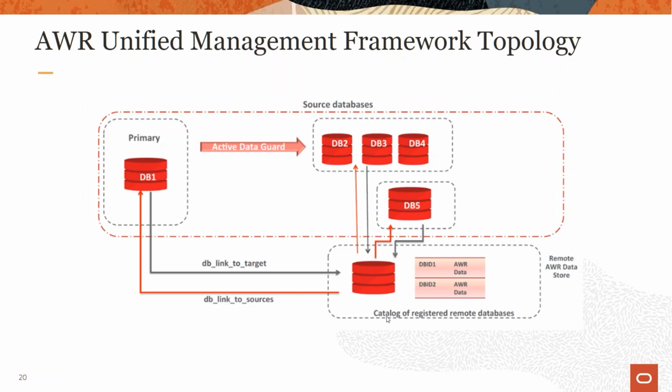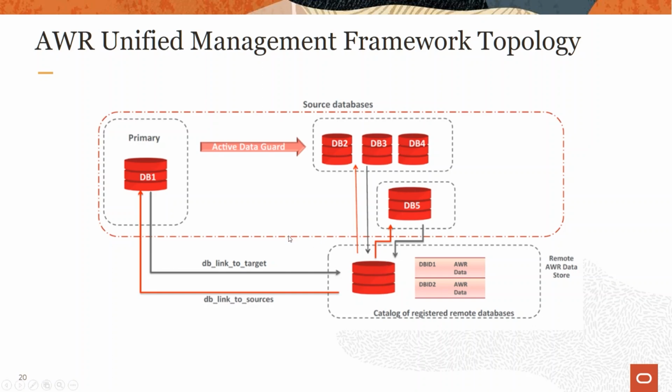And then we can register source databases, which are the source of AWR data. And then we can receive AWR data and save it in the target catalog database, which in the Data Guard environment could be the primary database.